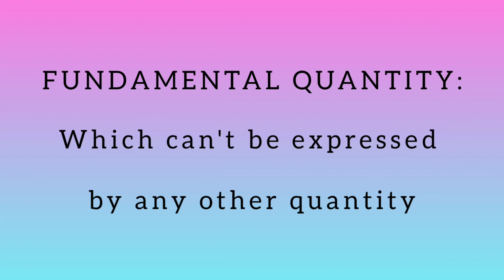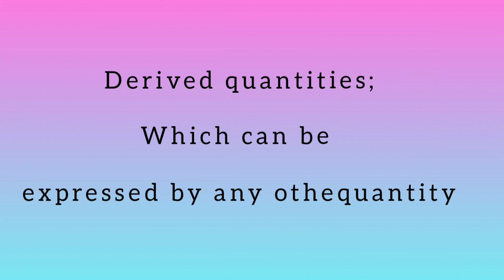Fundamental quantities. The quantities which cannot be expressed by any other quantities are known as fundamental quantities. Derived quantities. The quantities which can be expressed by other quantities are known as derived quantities.